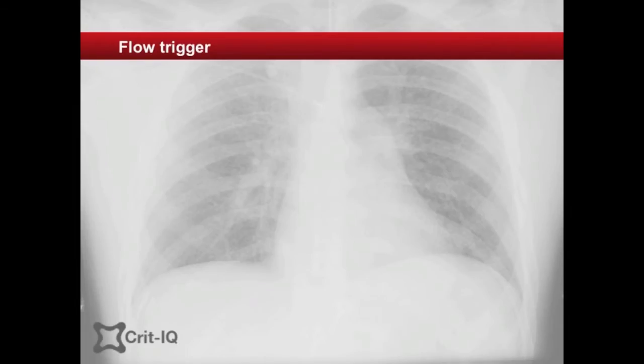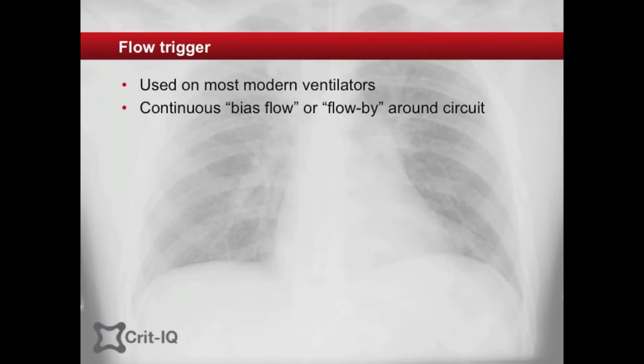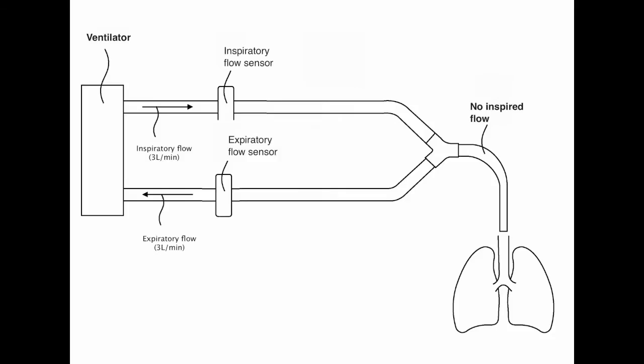Flow triggering is an alternative strategy employed by most modern ventilators. In older ventilators, between delivered breaths, all gas movement within the circuit ceases. In newer ventilators, a continuous flow of gas continues around the circuit, bypassing the patient as shown here.